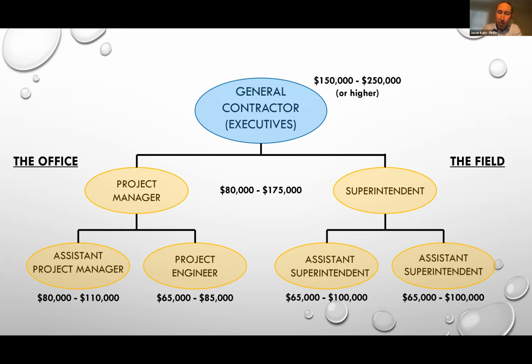Even the locations of where you work, if you're willing to take an assignment with a general contractor overseas or in a unique location, then that could also impact the kind of money you make. And then as you grow in your career and you become an executive within a company, such as a general contractor, you can start making over $200,000 a year. And that can come sometimes within a 10 year time frame, sometimes before, sometimes a little bit afterward.